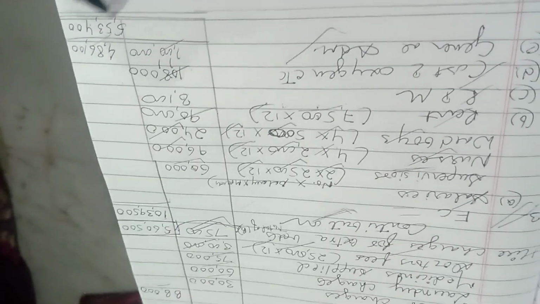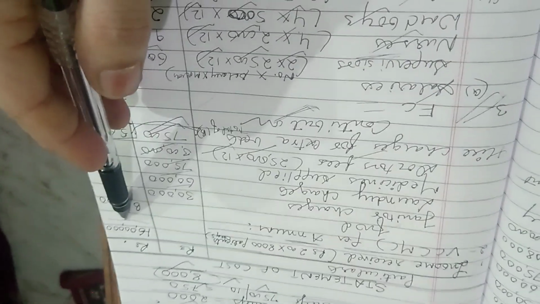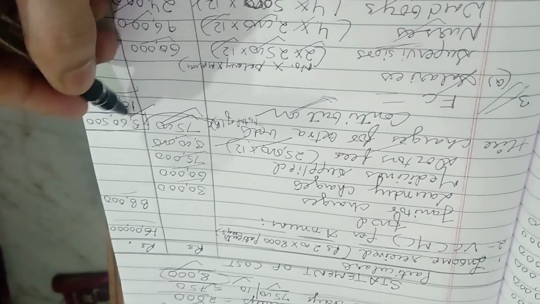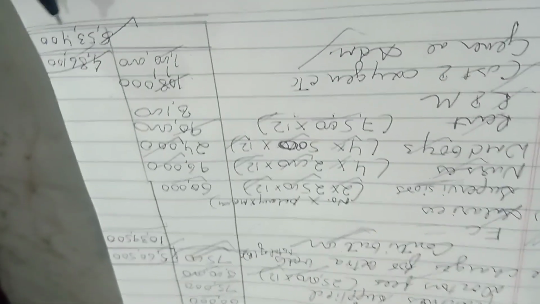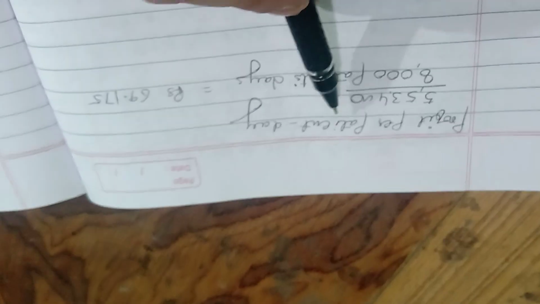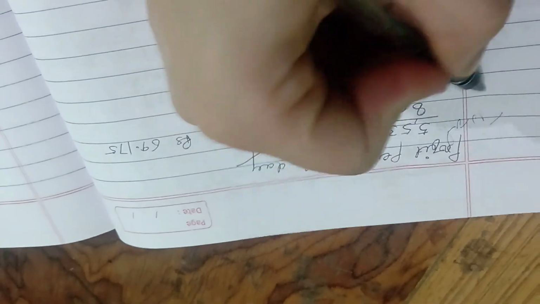After adding all these things, we are getting the answer 5,53,400, where we take the income received 16,00,000, the variable cost 5,60,500, and 4,86,100 that is related with the fixed cost. So total profit is coming 5,53,400. At the end, students, profit per patient day we have to calculate. So this total which we got from the cost sheet is divided by 8,000, which we treated earlier as patient days.